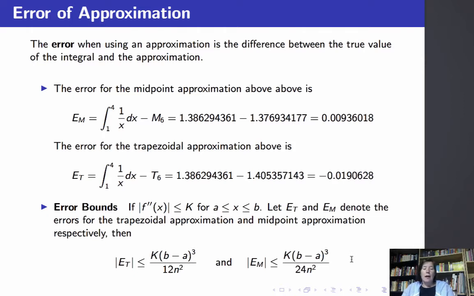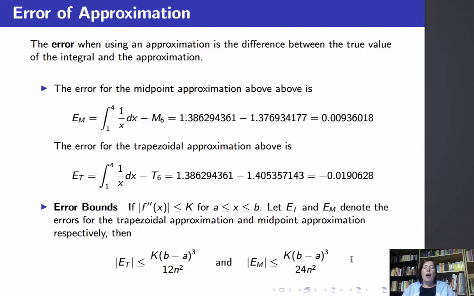And the absolute value of the midpoint error is less than or equal to k times b minus a cubed over 24n squared. And this constant k is an upper bound for the second derivative of our function between a and b, assuming our function is smooth and has a second derivative.